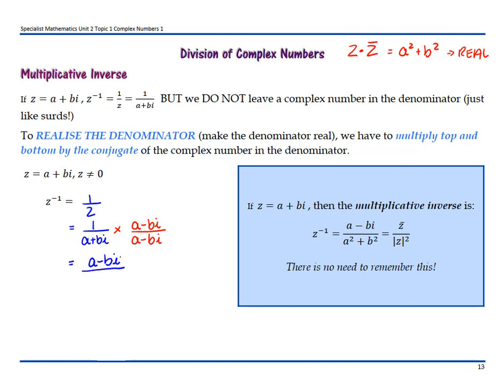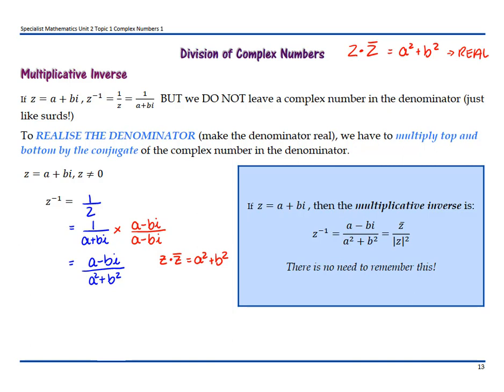Our bottom is z times our conjugate, which we know is a squared plus b squared. So you don't need to do that the long way. It's just a squared plus b squared. Okay, if you forget that though, do it the long way.